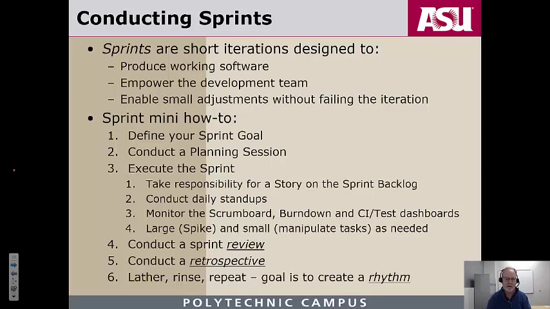If they're working on something and that's not working and they need to do something else to be successful, they do something else. They collaborate to help each other out. No one tells the engineers, the developers, how to do their job. They are empowered as long as they can maintain their commitment to producing that working software at the end of the sprint.